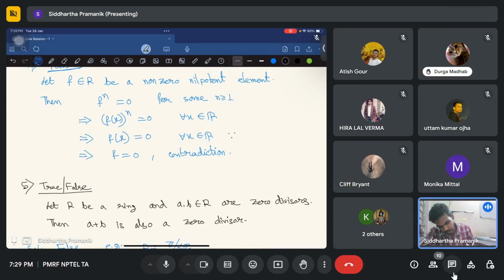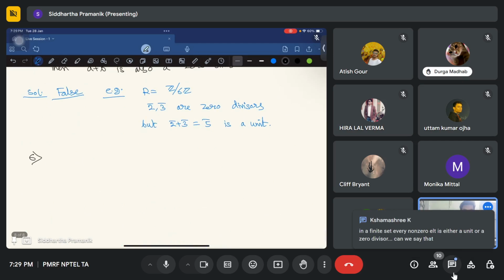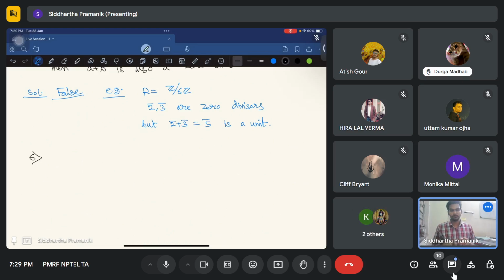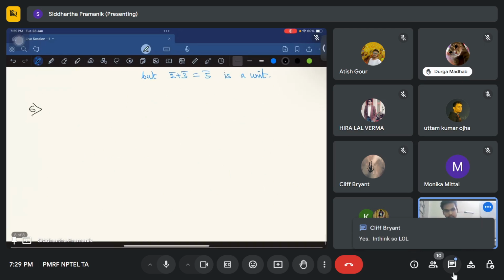Yeah, here you can write because R has no non-zero nilpotent element. I don't know if you are trying to say this. Yeah, that I have proved actually. You can check. Think.